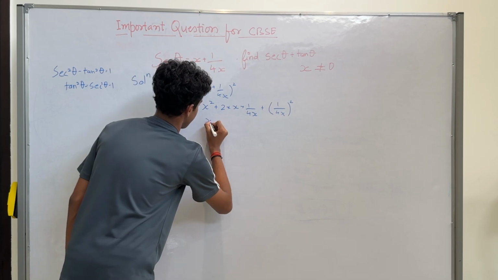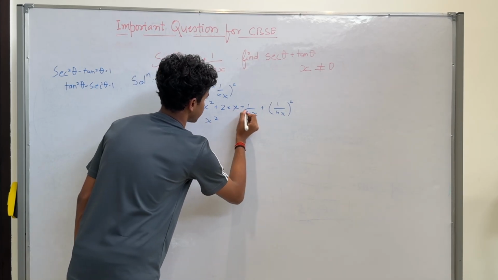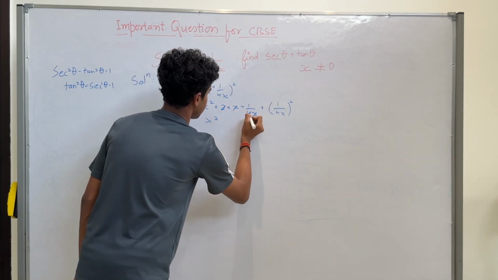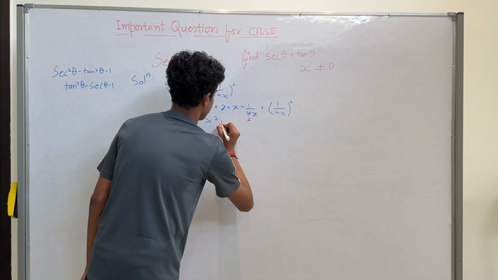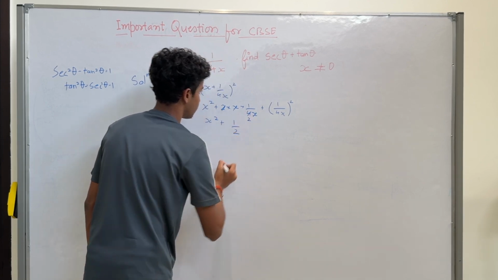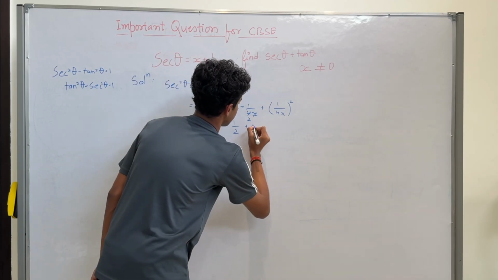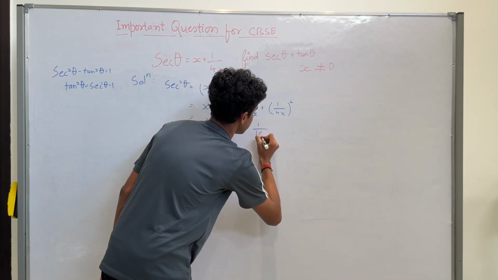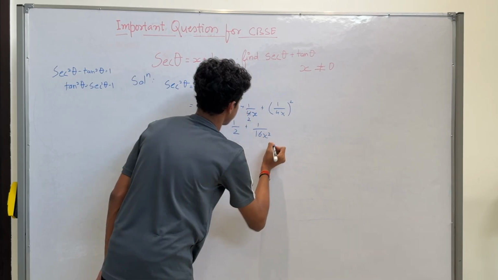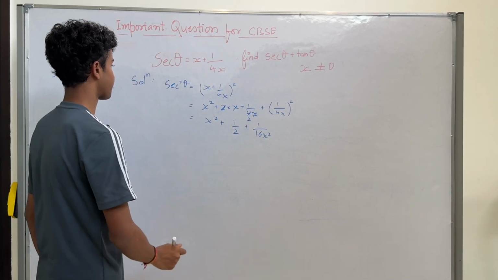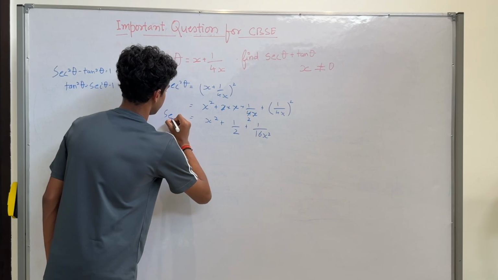The x and x cancel, so it will become x square plus 1 by 2 plus 1 by 16 x square. Okay, this is our sec square theta.